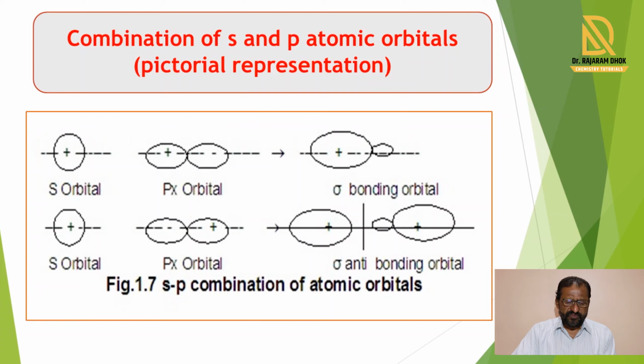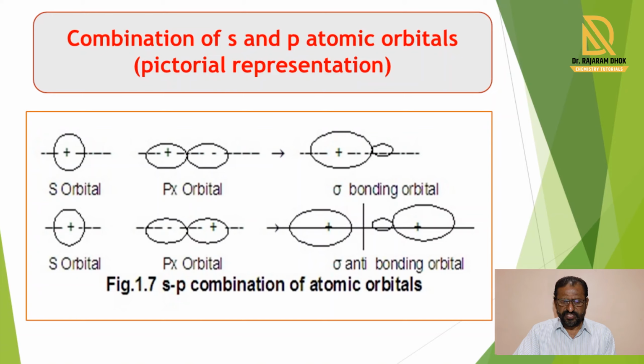In the other case, one of the wave functions of the s or p orbital is different. Here we take the example that the s orbital has a positive wave function and the px orbital has a negative wave function. The plus and minus wave functions repel each other and there is formation of an antibonding molecular orbital, the sigma antibonding molecular orbital, which can be shown simply by sigma star.